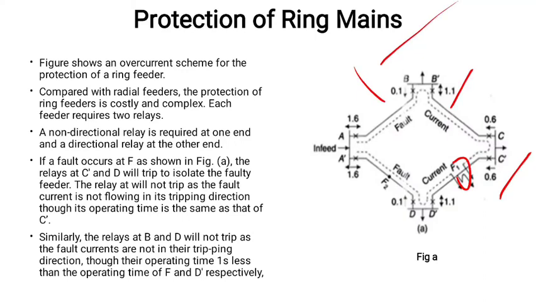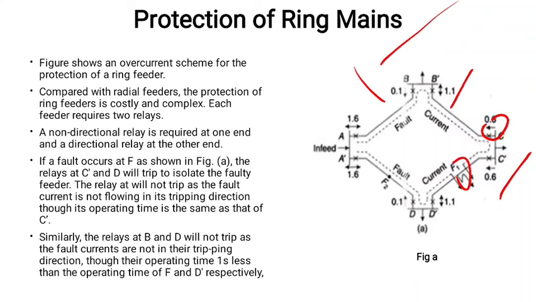Therefore the relay at C will not trip. This relay C will not trip to isolate the feeder, as the fault current is not flowing in its tripping direction, though its operating time is the same as that of C dash.